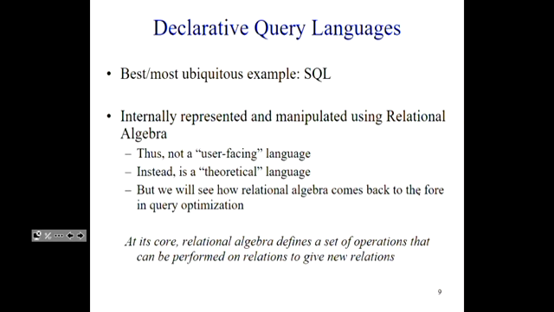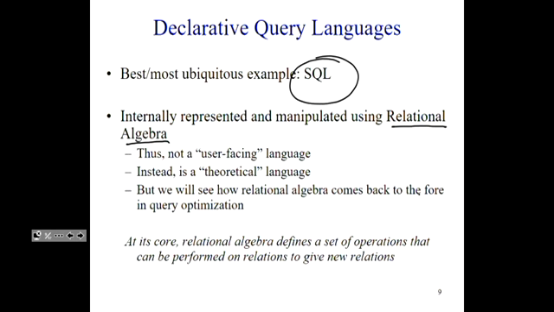The syntax and language constructs in SQL vary from implementation to implementation, and there are a lot of new features that keep getting added to SQL every day. Internally, all of these SQL queries are represented and manipulated using an algebra, which is called the relational algebra. Okay, so that's going to be the focus of today's lecture.